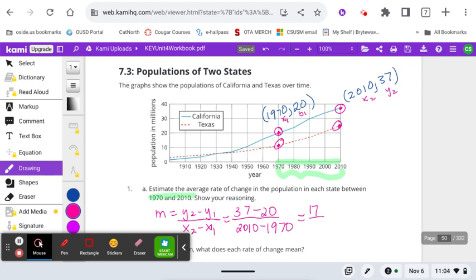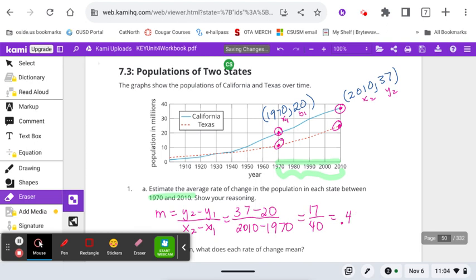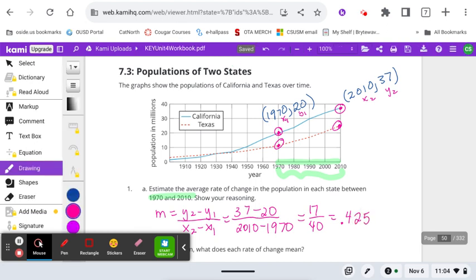That looks like 40 years. So when I divide this, 17 divided by 40, I get a population factor of 0.43 or 0.425, if I don't round, of positive increase in population for California.